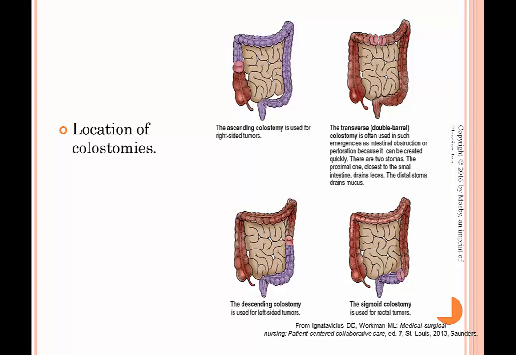And these are some locations of some different colostomies. You can see there can be an ascending colostomy, a transverse, a descending colostomy, and a sigmoid colostomy. Depending on the condition of the patient and the condition of the bowel will determine where the colostomy is placed.